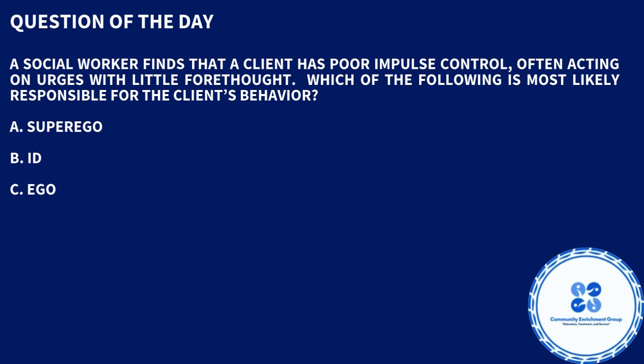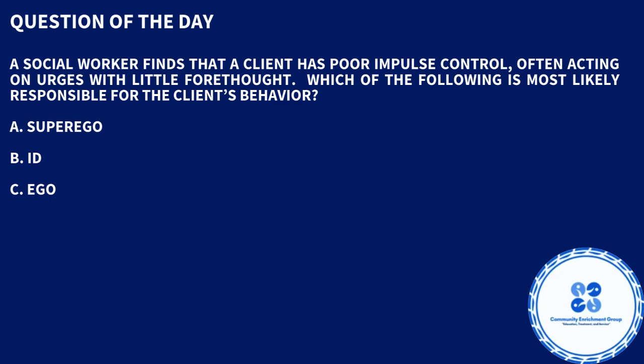The three components being the id, the ego, and the superego. Okay, let's see what we remember about the id, the ego, and the superego to help us move towards getting the correct answer for this question.